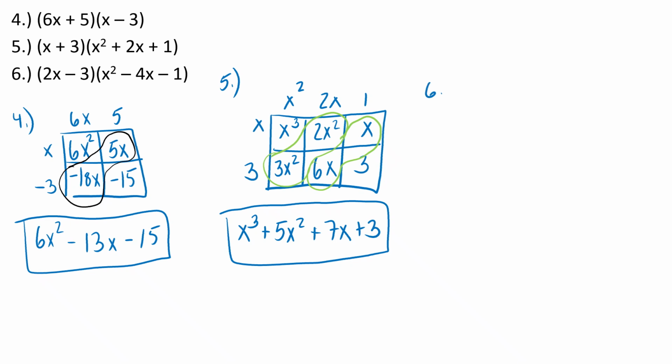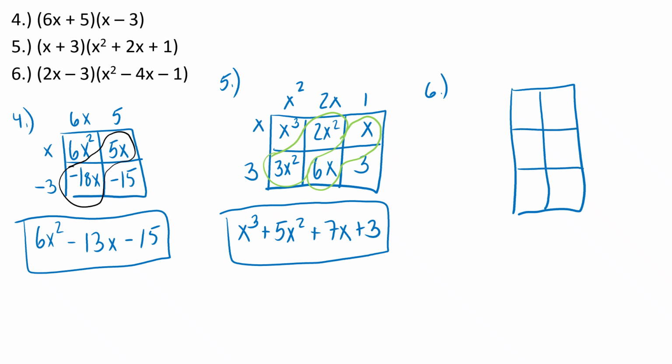And for this last one, just to show you that you can set it up other ways, I don't usually do it this way, but you can. So this time we'll put the 2x minus 3, we'll just make that the base, and then we'll have the longer polynomial going down the side as the height. So x squared minus 4x minus 1.